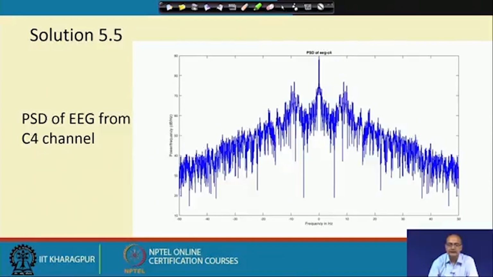Here was C3 and here is C4. Now, all these spectra are for the entire signal, and in each of these cases there is high variation in the PSD, they are having a lot of fluctuations.